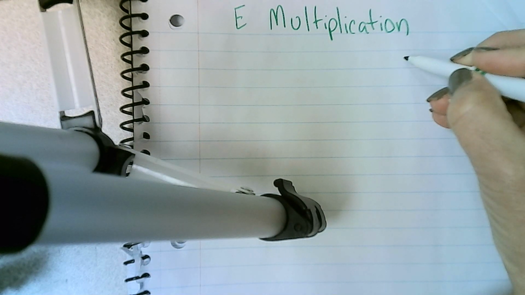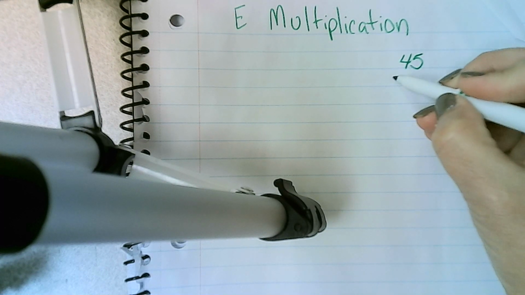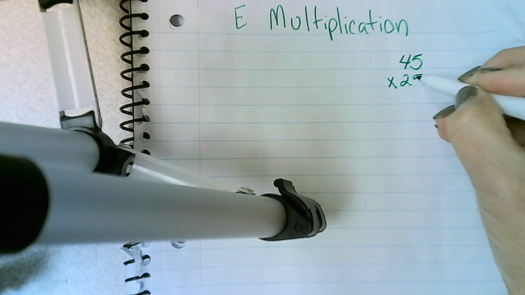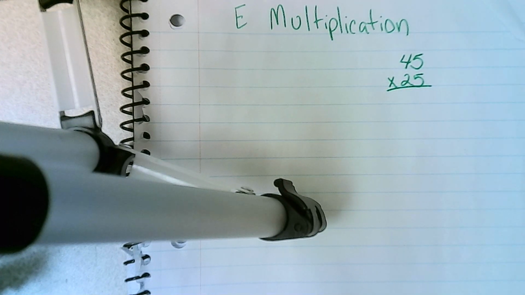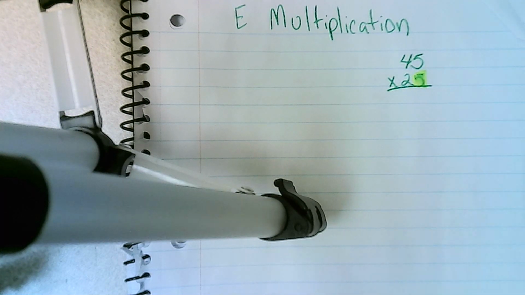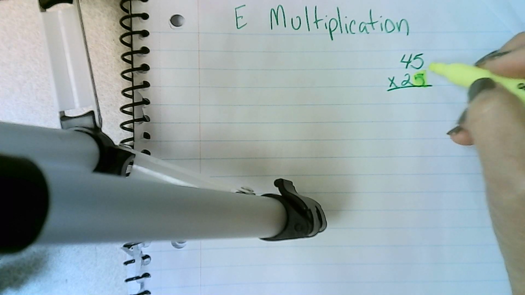So if you have the number 45 and you're timesing it by 25, then you multiply the bottom number in the ones by both numbers on the top.